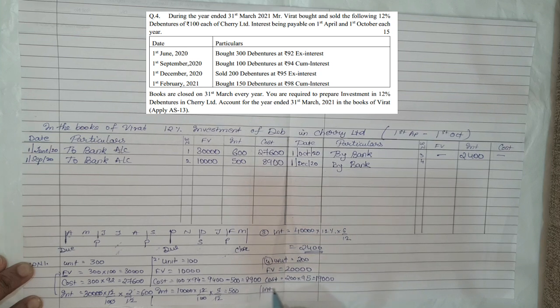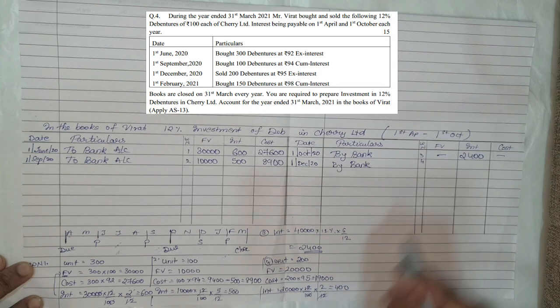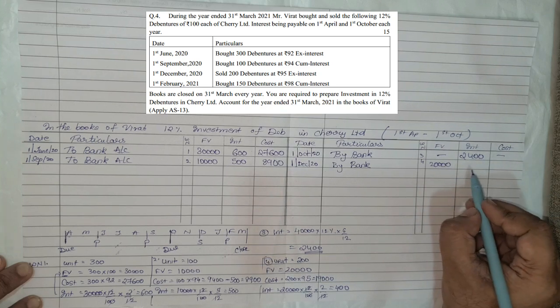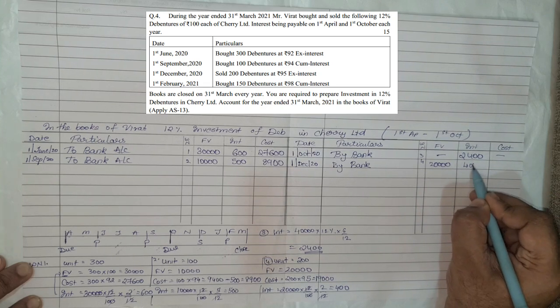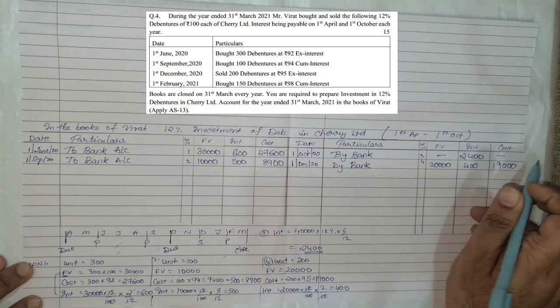Okay, interest 20,000 into 12%. Now when was the interest last paid? Last paid was in October and now we are in December. So October and November, 2 months ka interest you will get. So 12 ka 2, zeros cut. So 400 is the value of interest. We applied. Face value was 20,000. Interest was 400 and cost was 19,000.